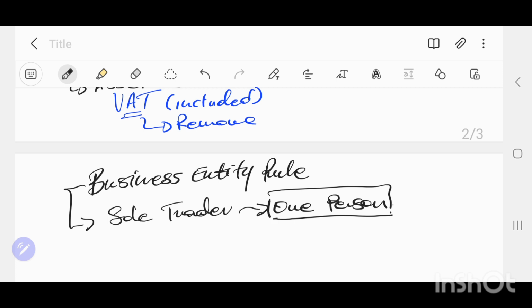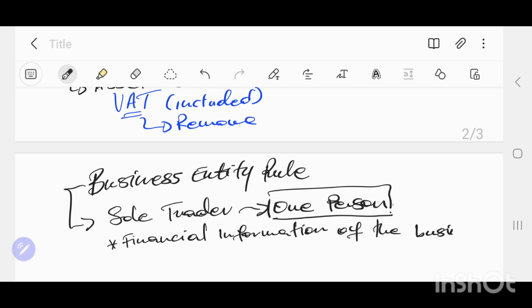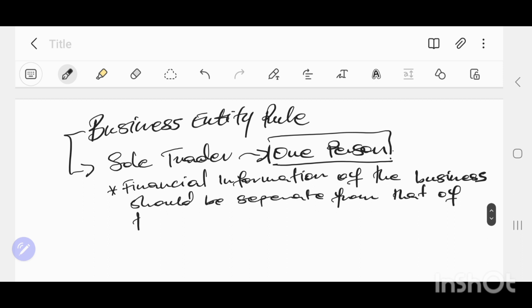So what the business entity rule says is that the financial information of the business should be kept separate from that of the owner.